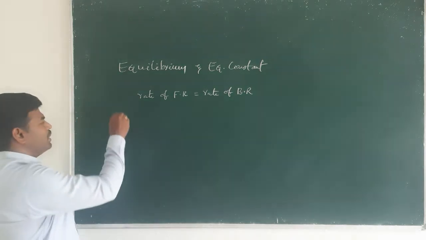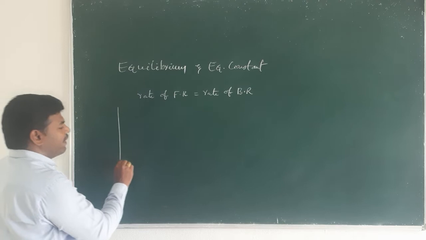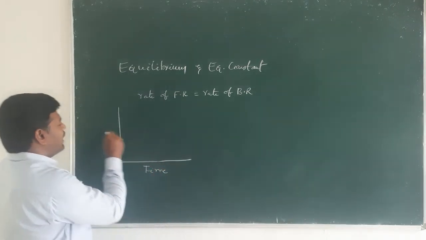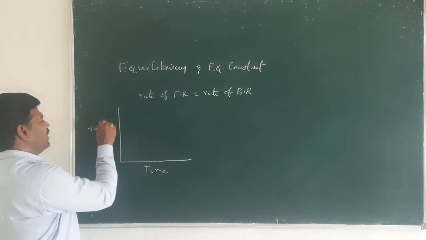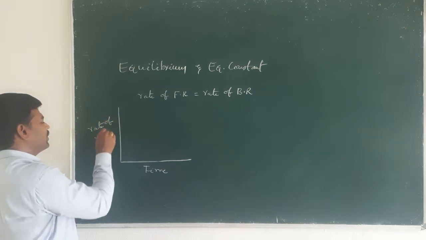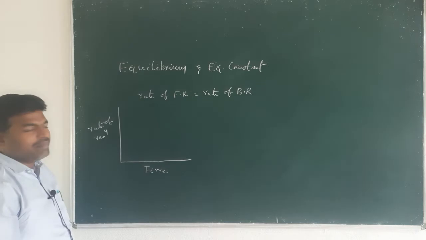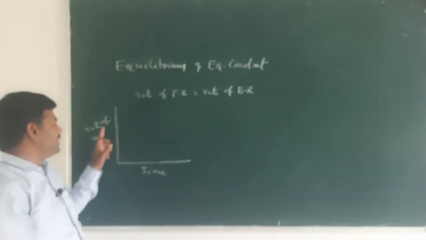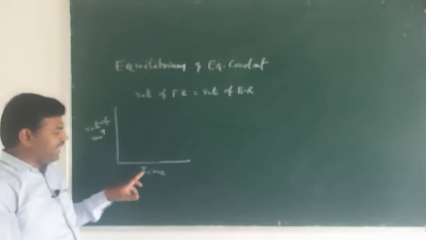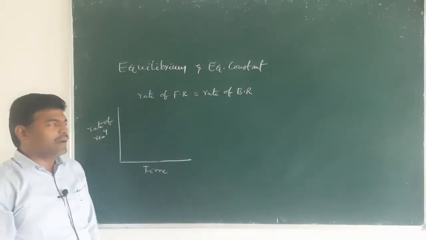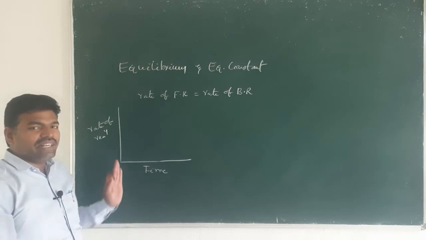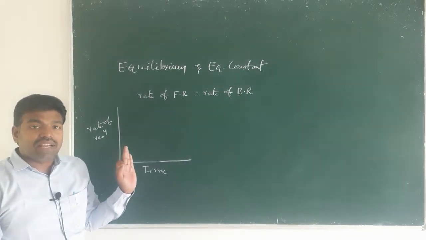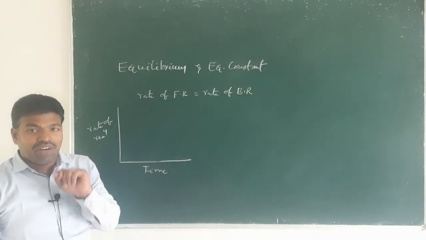For example, if you plot a graph between rate of reaction on the ordinate and time on the abscissa, equilibrium is a state where the rate of forward reaction is equal to the rate of backward reaction.